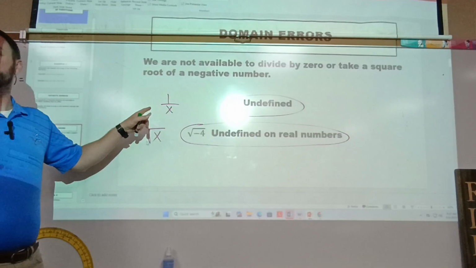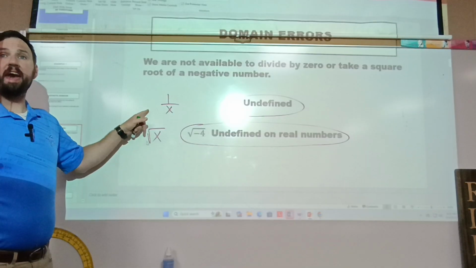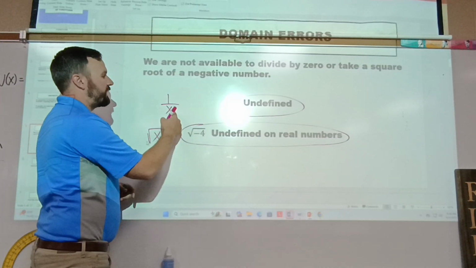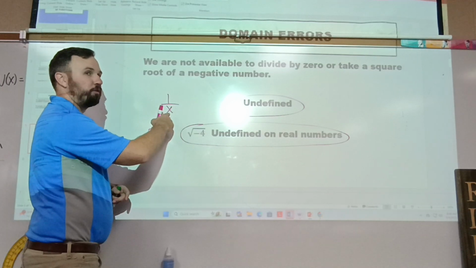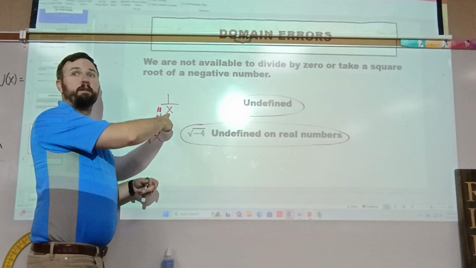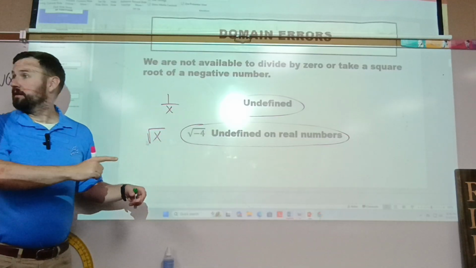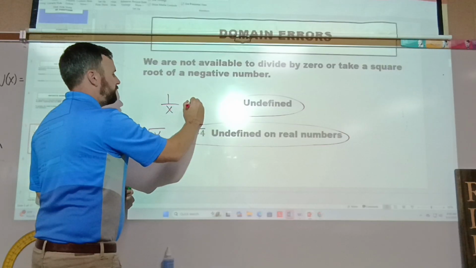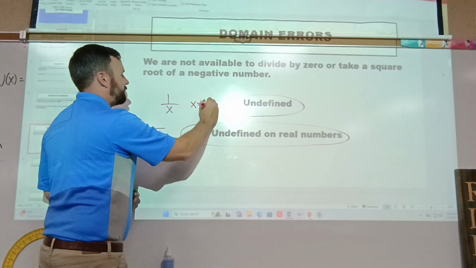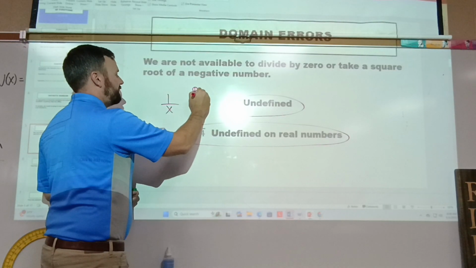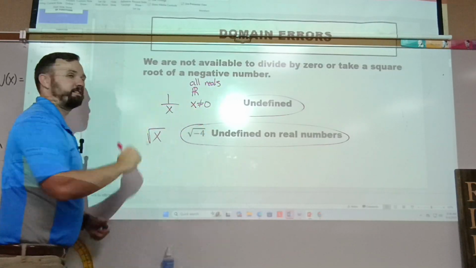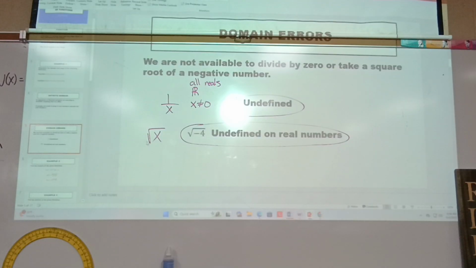So 1 over x. What can't x be? If I'm given the function 1 over x, what can't I put down here? Can I plug in -1? Negative a million? Can I plug in 0? So x can't equal 0. That's my domain. It's everything, all reals, but x can't be 0. It can be anything else it wants to be.